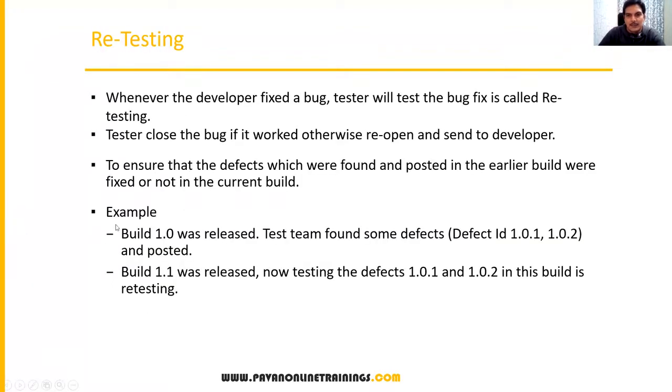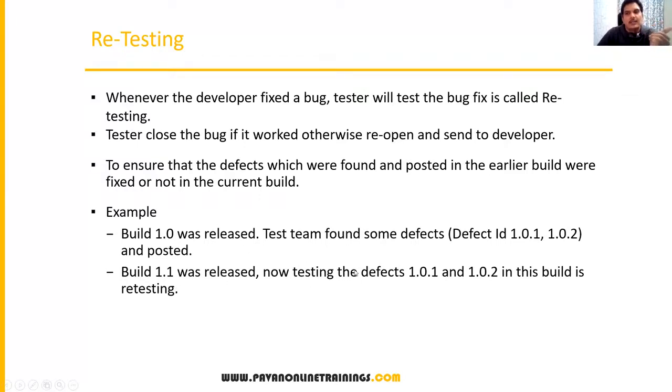Here is the next example. Suppose build number 1.0 was released and the test team found some defects, let us say 1.0.1 and 1.0.2, and reported those defects to the developer. Now in build number 1.1, the next build or next release, what should the tester do?